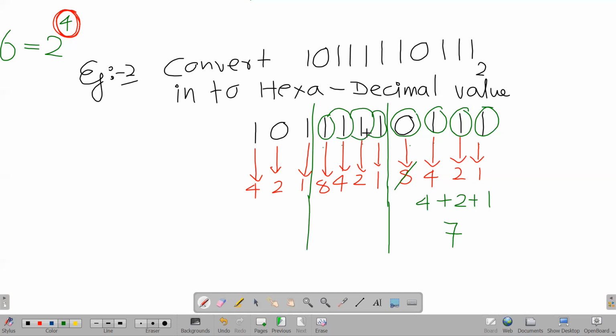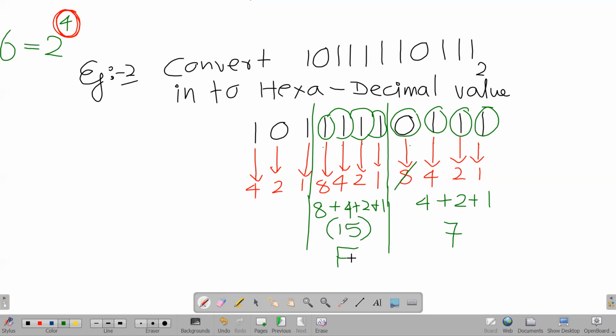So we add everything together. So 8 plus 4 plus 2 plus 1. And people, the answer is 15. And be very careful, we don't write 15 as a symbol of hexadecimal. Instead of that, we use F to represent the 15.